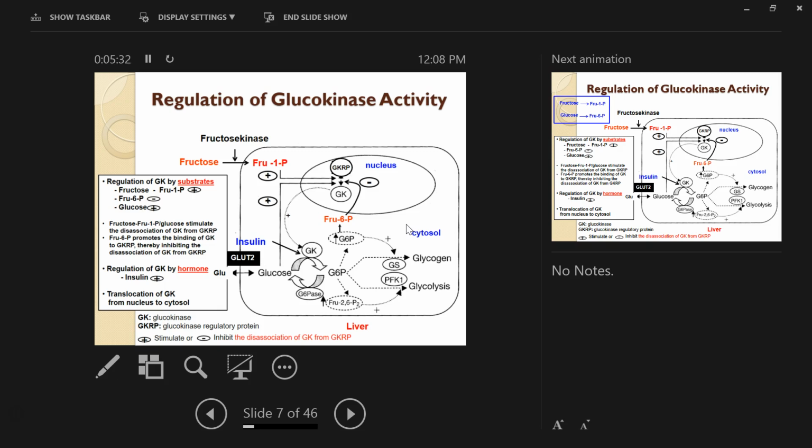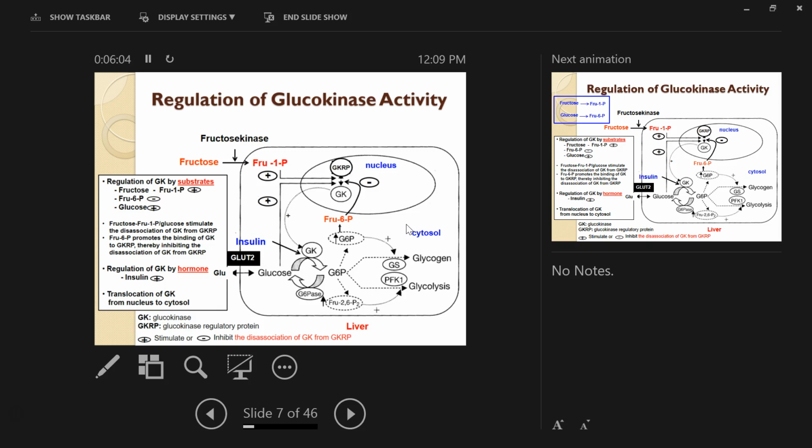Then it can catalyze the reaction here. So once glucokinase stays in the nucleus, then this reaction cannot happen, right? Because you don't have glucokinase available to catalyze the reaction. So this is a regulatory mechanism to regulate the translocation of glucokinase from the nucleus to the cytosol for the reaction.